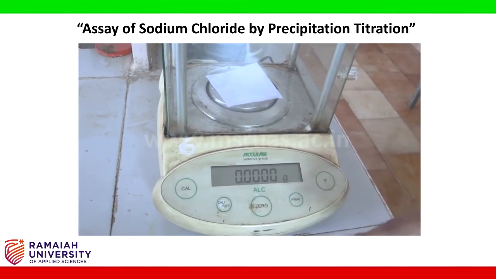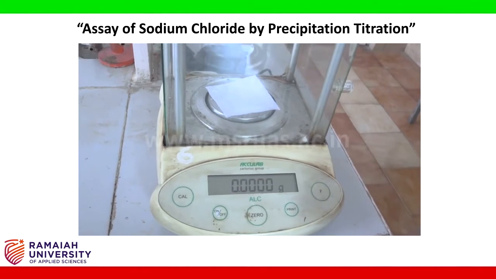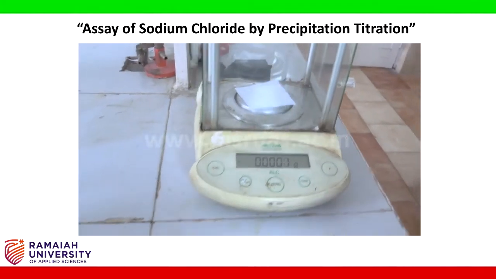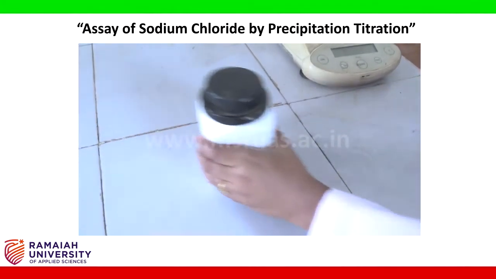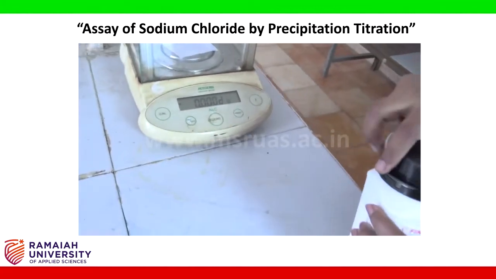Tare the paper weight to 0 grams and then weigh 0.5845 grams of sodium chloride.